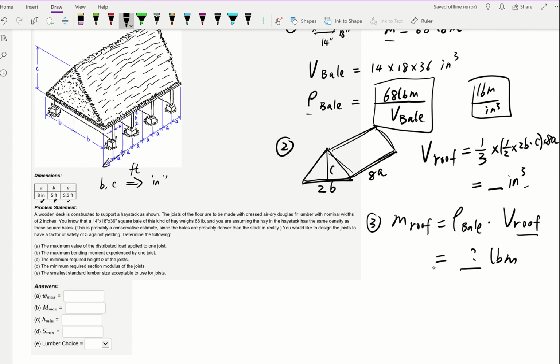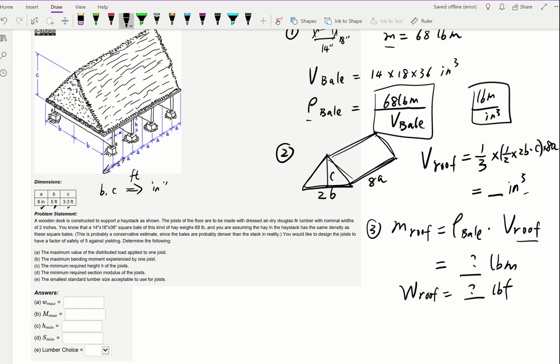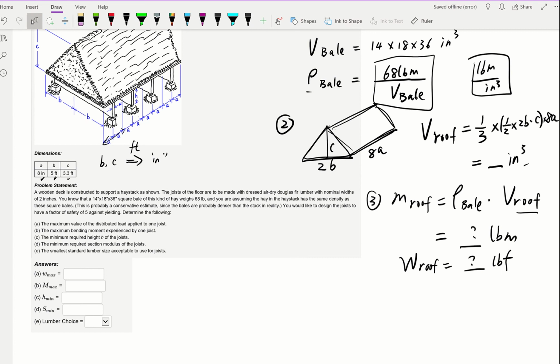And from here, you can figure out the weight of this roof will be exactly the same value as the mass, but here it is pound force. Okay, so that's what we have so far. We know how much this roof weighs. That's the dead weight on those 4 joists.